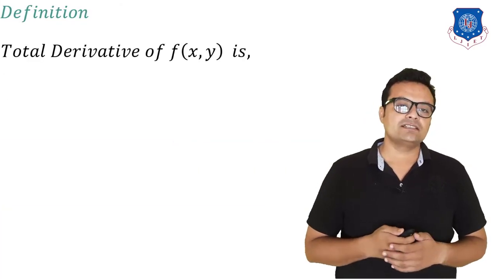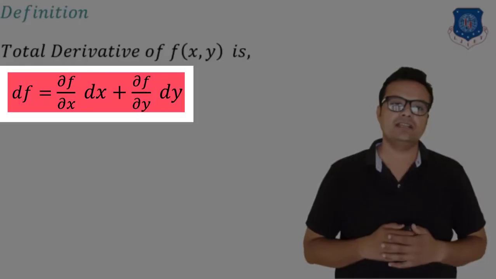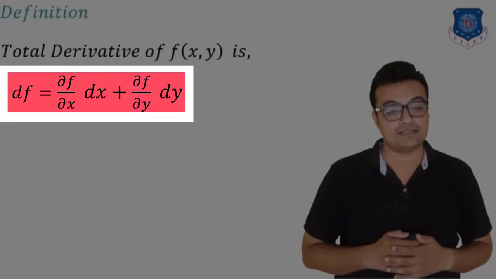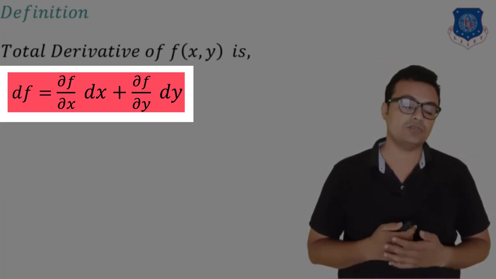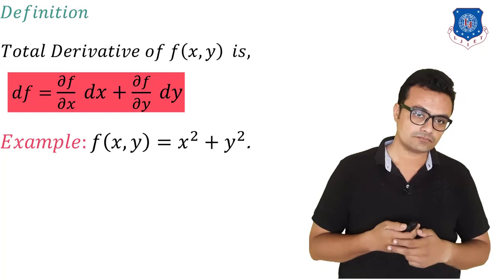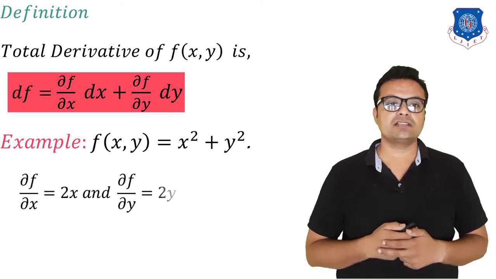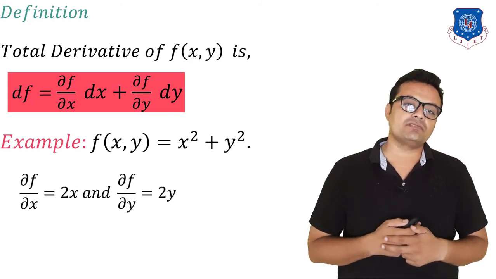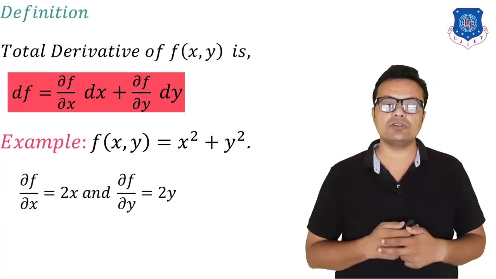Now let us consider this formula and remember it in a shorter form like this. It is f sub x dx plus f sub y dy and notation is df. If I take one example to understand this formula, f equal to x square plus y square, then first order partial derivatives are del f by del x equal to 2x, del f by del y equal to 2y.